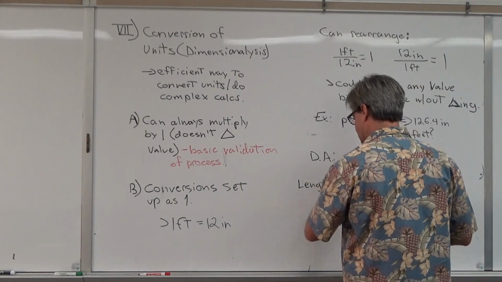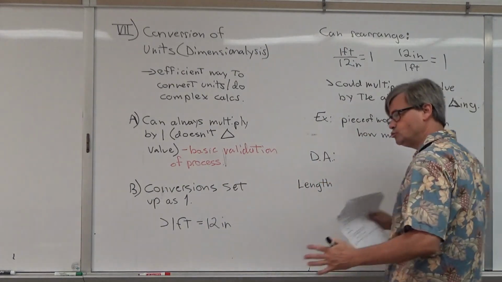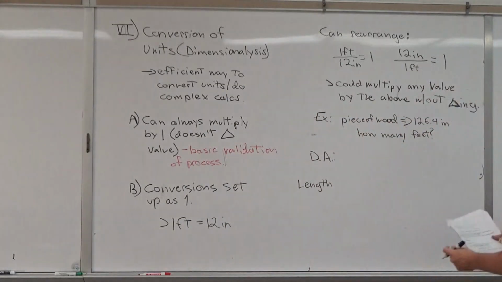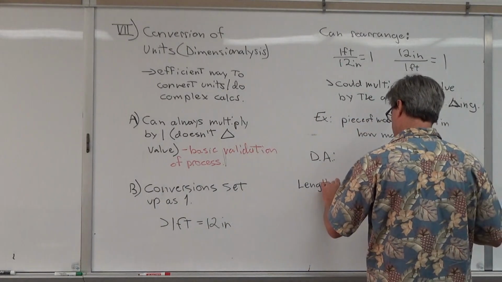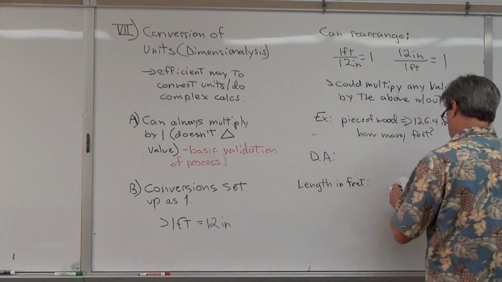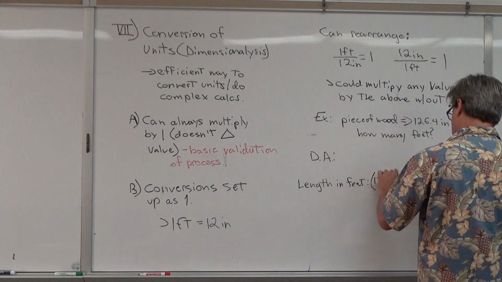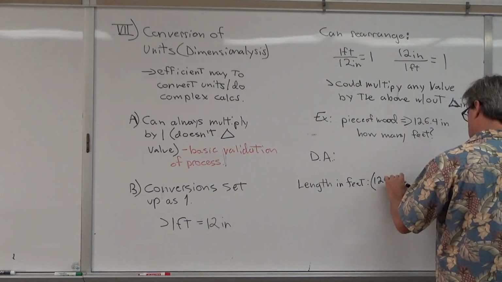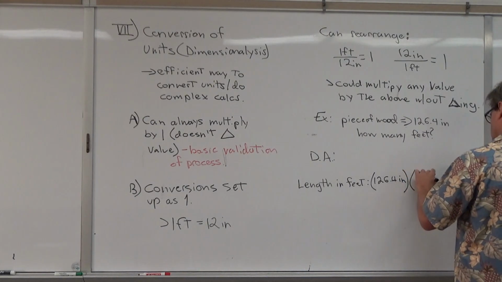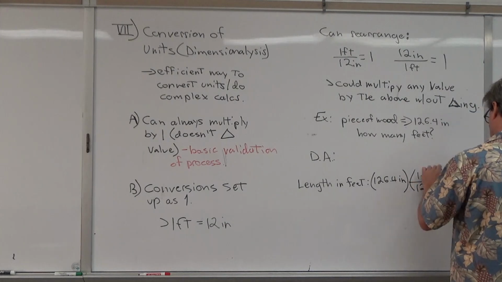I always like titles or labels for the calculation you're going to show. Do that in all your work. It will help you, and it will help the grader give you partial credit if need be. Length in feet: 126.4 inches times 1 foot over 12 inches.